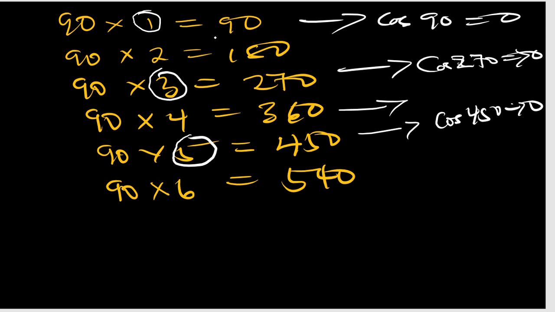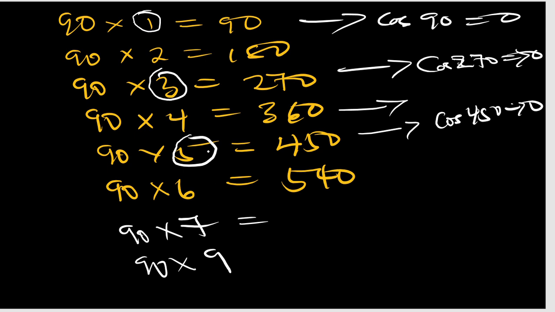We can see that for those ones, the cos is always 0 and tan will be undefined. This implies that the next one, 90 times 7, the cos will also be 0. And the next one will be 90 times 9, cos will also be 0 and tan will be undefined.